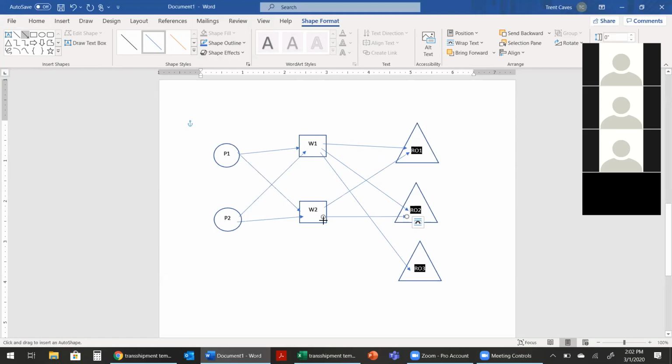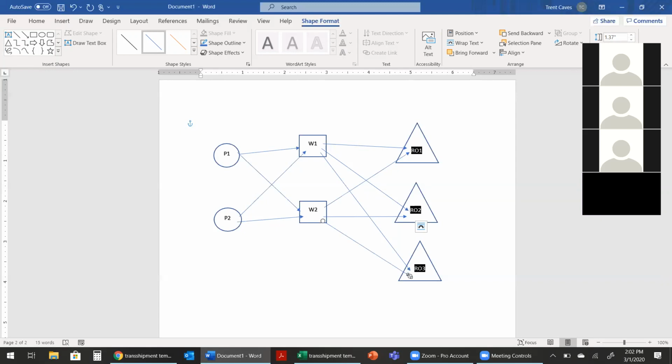You don't have to use Word. This is just the format that you're trying to get to display your distribution network. So this is our distribution network.